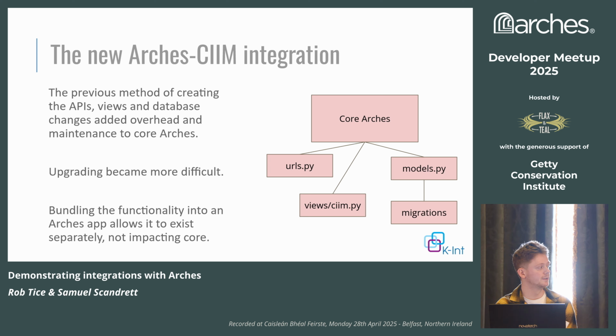It meant that upgrading became quite difficult. I'll talk more about why, but this is just the Arches side. You're dealing with this complex stuff that you've added, so you're now on a fork. You have to merge the new version and see whether the new version has broken something. So it can be a bit painful.